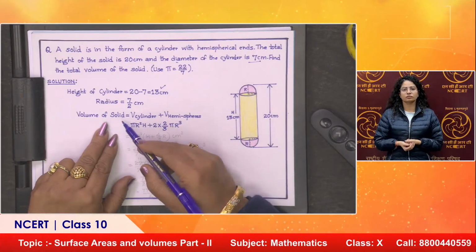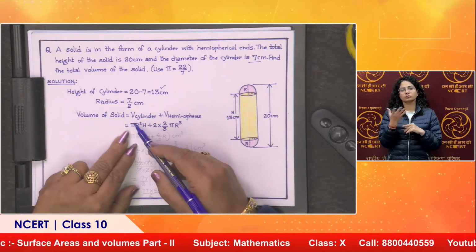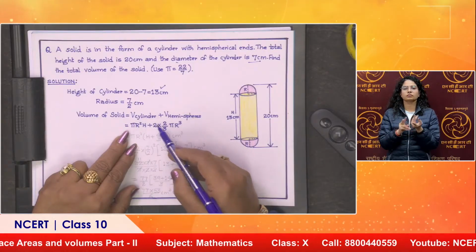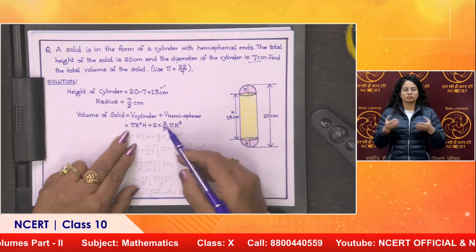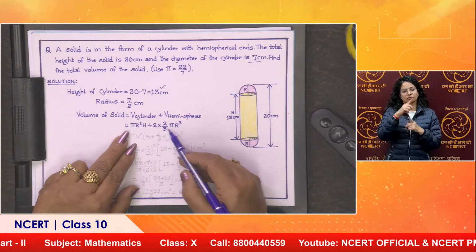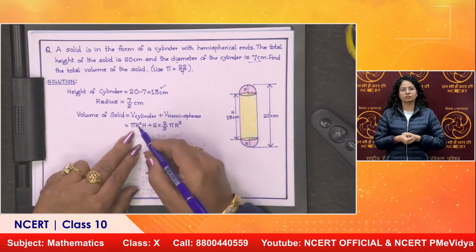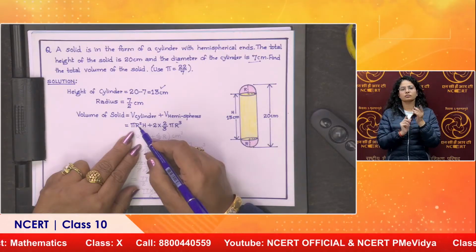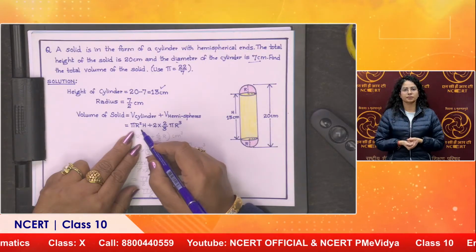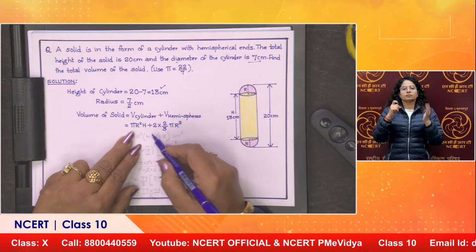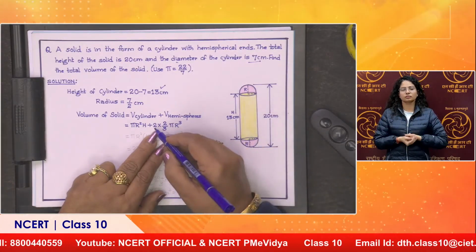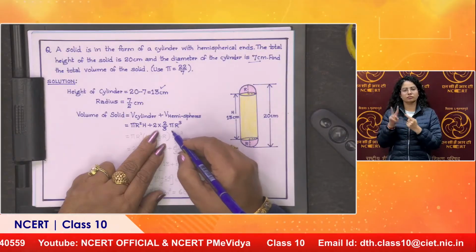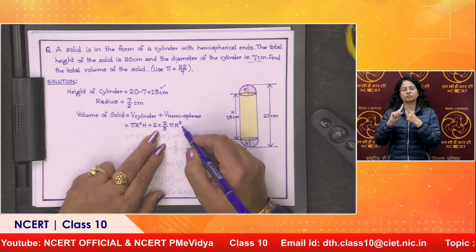So volume of solid is obtained by adding volume of cylinder and volume of hemisphere. Okay, we have 2 hemispheres, so I will write down 2 into volume of hemispheres. Now what is the formula for calculating the volume of cylinder, children? Yes, you are right, pi r square h plus, as we are having 2 hemispheres, children, we will write down 2 into 2 upon 3 pi r cube. Yes?